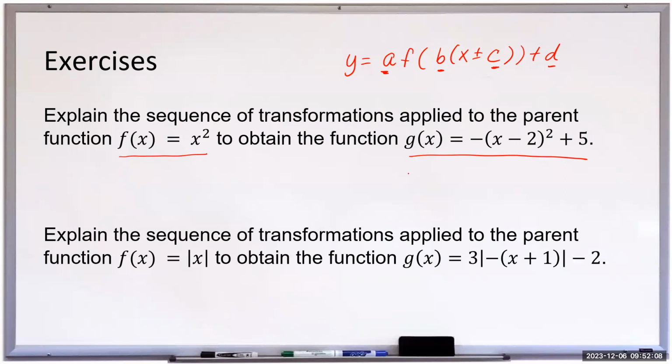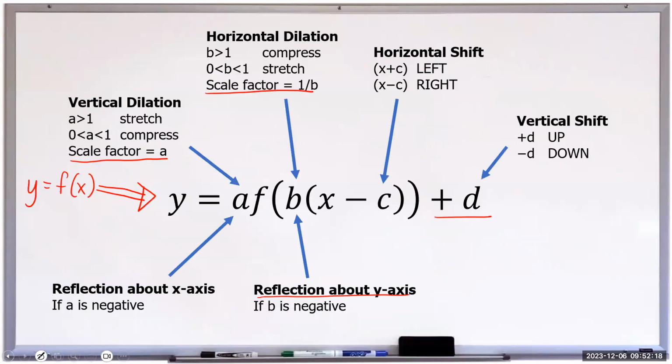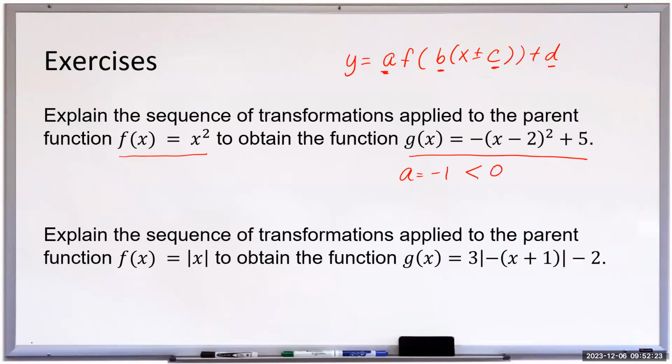Okay, so I have here a, which is equal to negative 1. This is negative, less than 0. Therefore, based on the big picture earlier, we have a reflection about the x-axis. What else? I have here a c. So x minus 2, meaning we have a horizontal translation. Is this to the left or to the right?